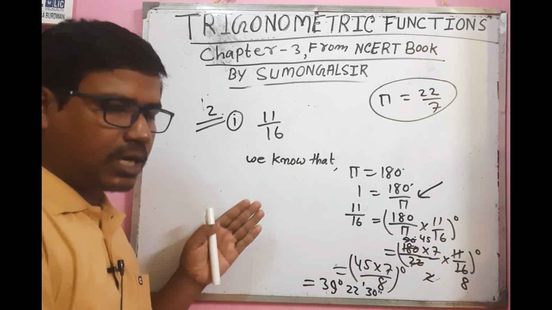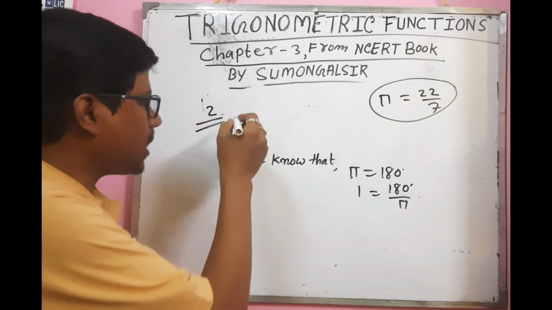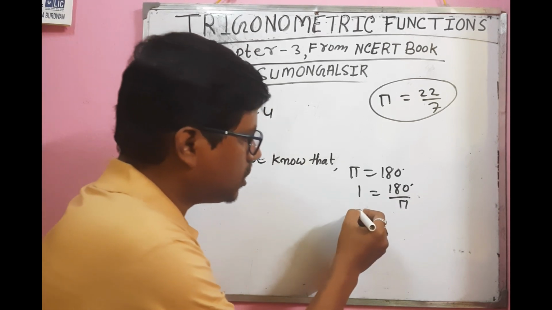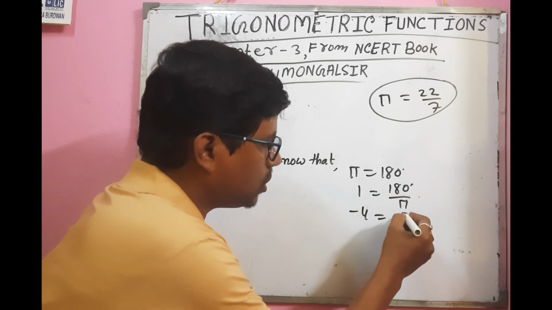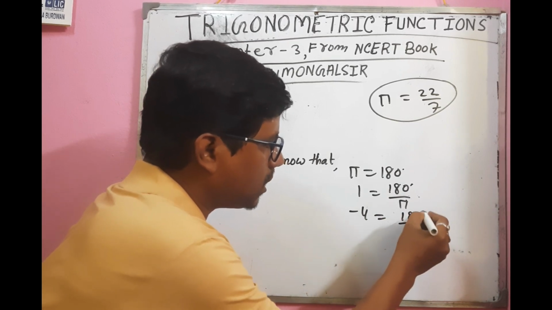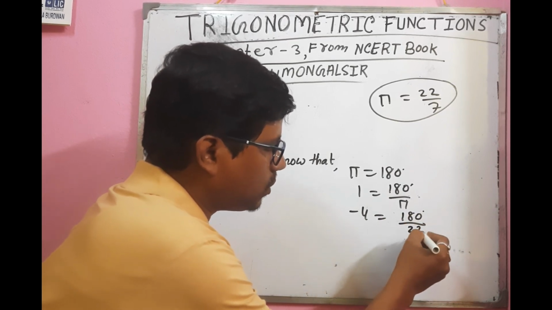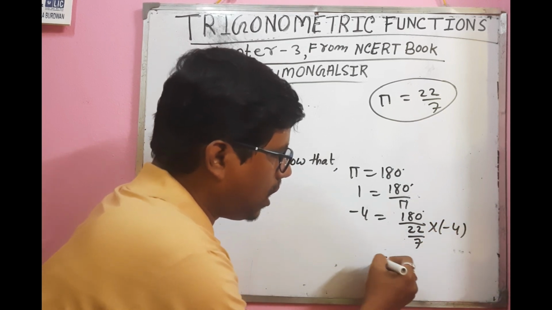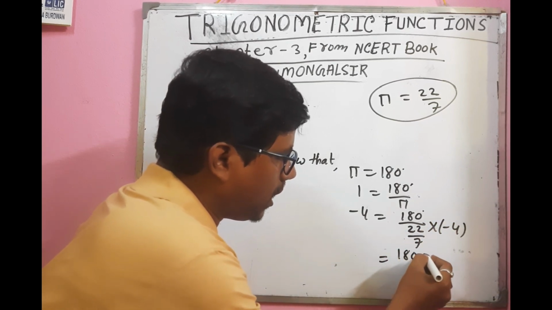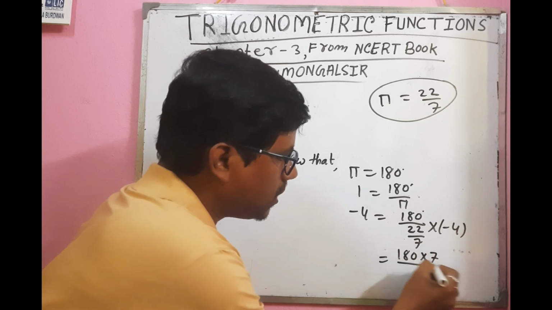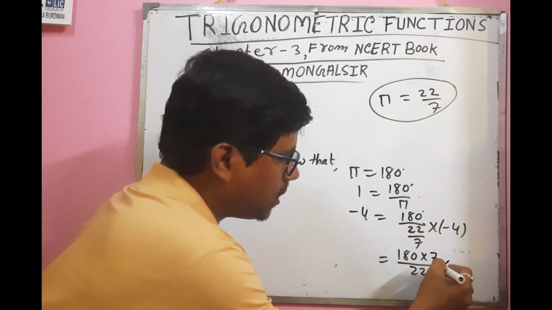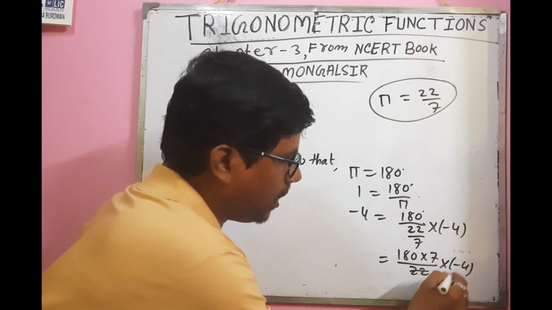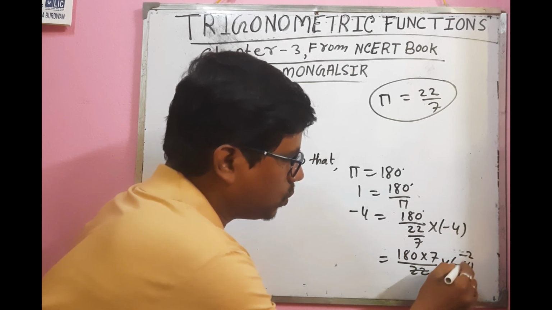Now we move to the second of question 2. The second question is minus 4. So we use it: minus 4 will be 180 degrees divided by 22 by 7, multiplied by minus 4. Now calculating, we get 11 and minus 2.